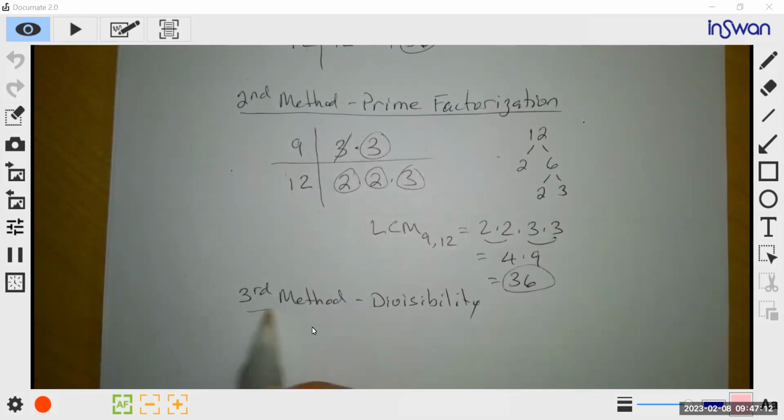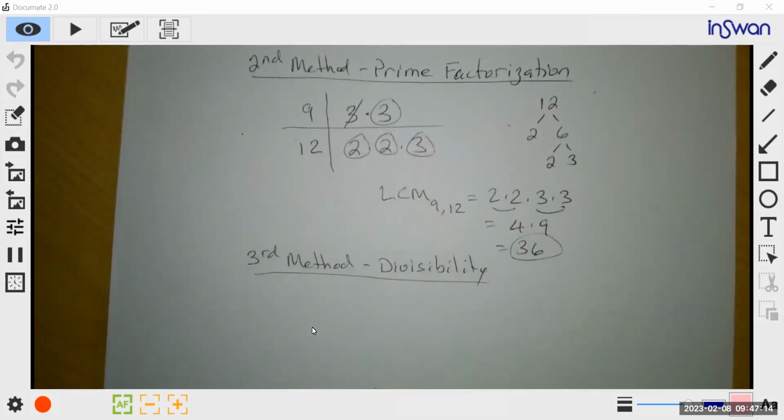Divisibility. So with the divisibility, I just put the two numbers, 9 and 12.